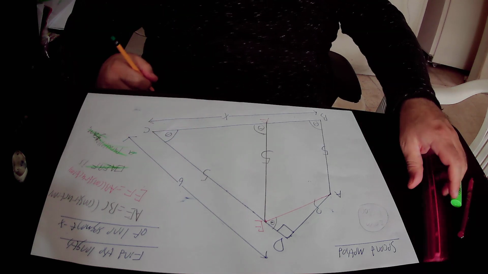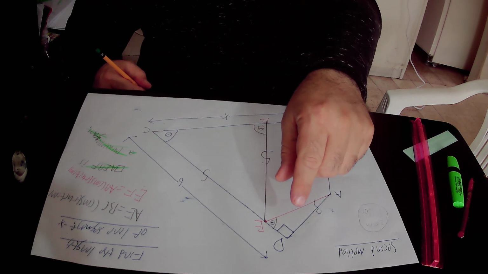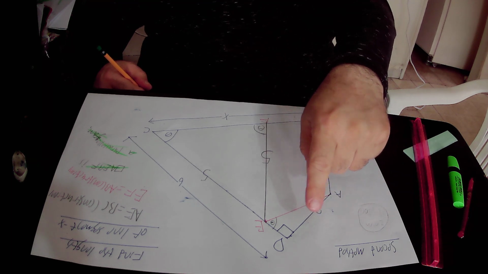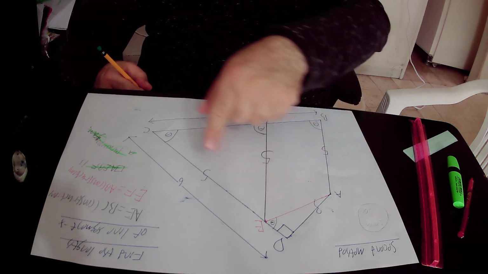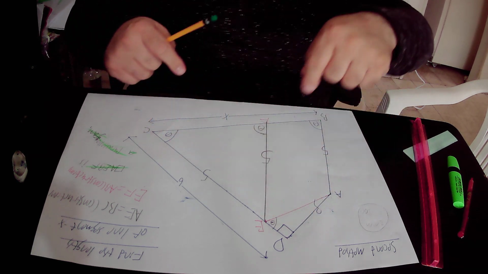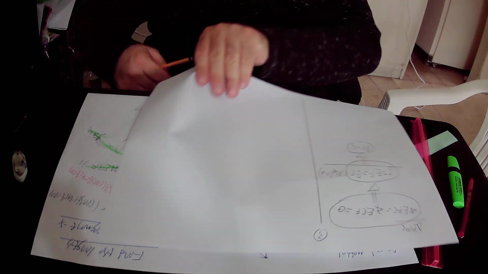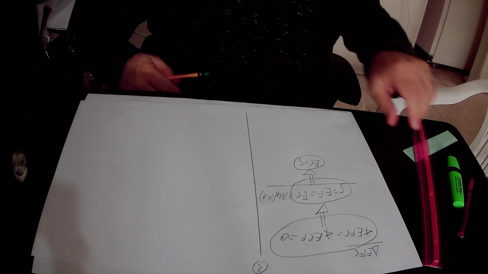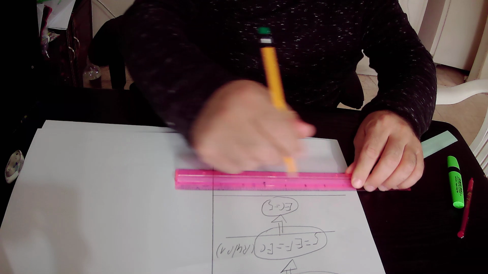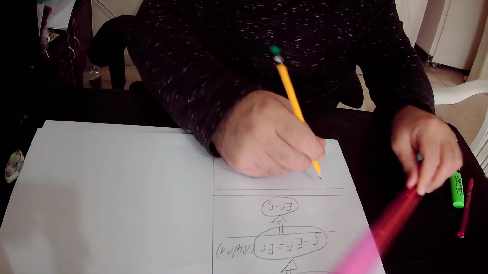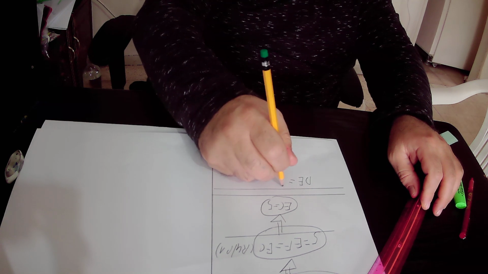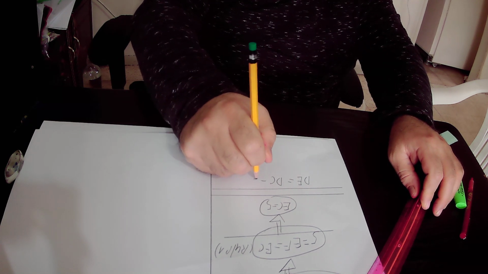And what is the length of the short line segment DE? From the drawing, it is very easy to see that DE equals DC minus EC. I'll write it down. DE equals DC minus EC.